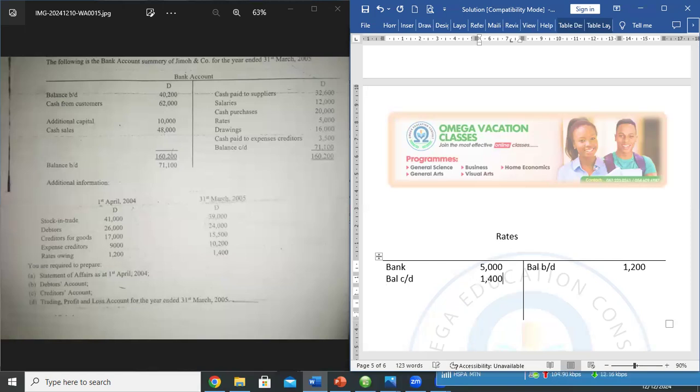We balance it and see the difference, which will be taken to our profit and loss account. This will give us a total of 6,400. So the difference is 5,200. And that represents how much should be taken to the profit and loss account.